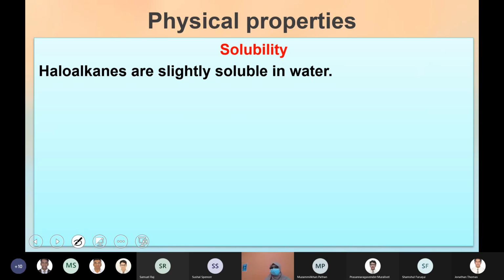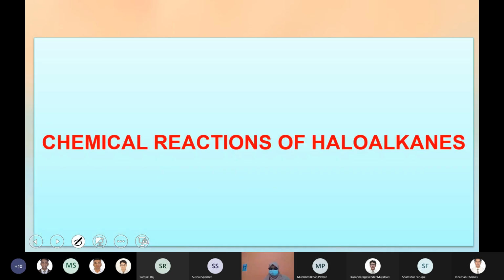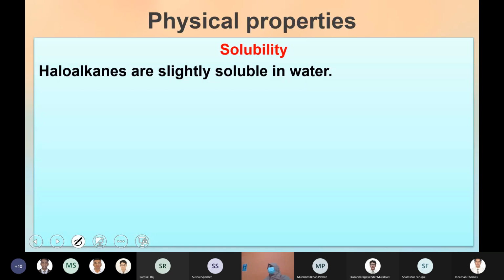Just write this one point. In the next chapter, when we discuss the physical properties of the next organic compound, we can compare. Melting point, boiling point and solubility, these three are the important ones. So physical properties done.